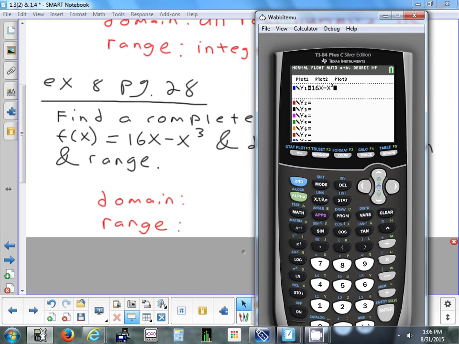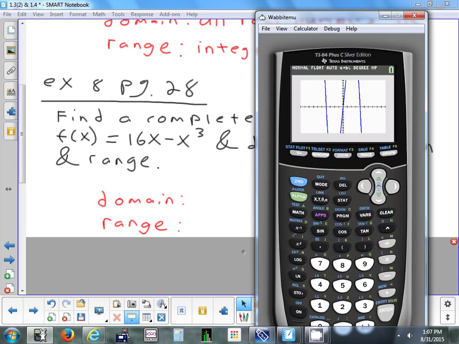Okay, so 16x minus x cubed. Start with zoom 6, but I don't think that's going to be a good window. Okay, it's definitely doing some turning, but I can't see it. So what I'm going to do is zoom out. Okay, Matthias, which axis do I need to zoom out on, the x or the y?